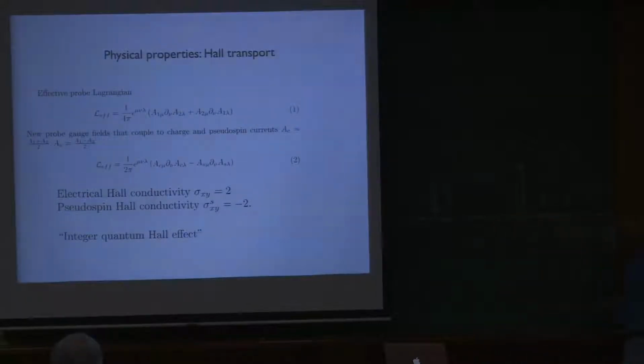Okay? Now, if you rewrite this in terms of the charge and pseudo-spin counterflow response, this corresponds precisely to an electrical Hall conductivity of sigma xy equals 2 and a pseudo-spin Hall conductivity of minus 2. So this is an integer quantum Hall effect for bosons.